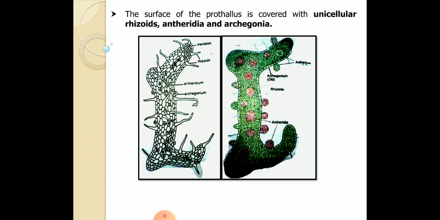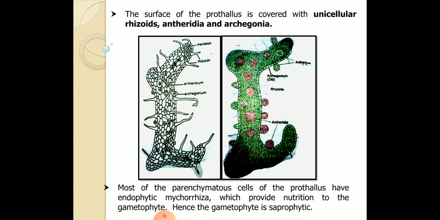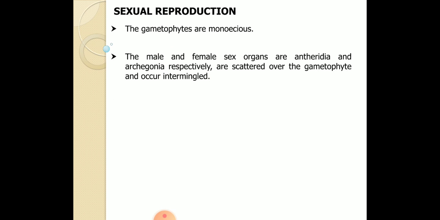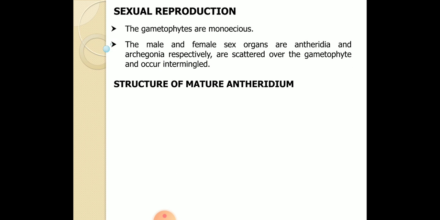The antheridia are the male reproductive structures and the archegonia are the female reproductive structures, and they are mainly associated with a mycorrhizal association. The gametophytes are monoecious in nature. The male and female sex organs, antheridia and archegonia, are separately scattered over the gametophyte.